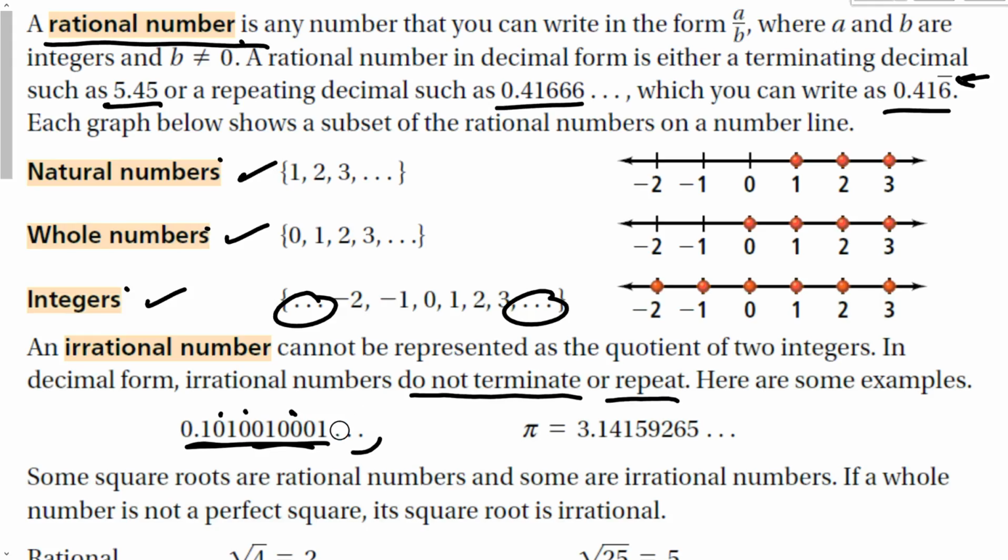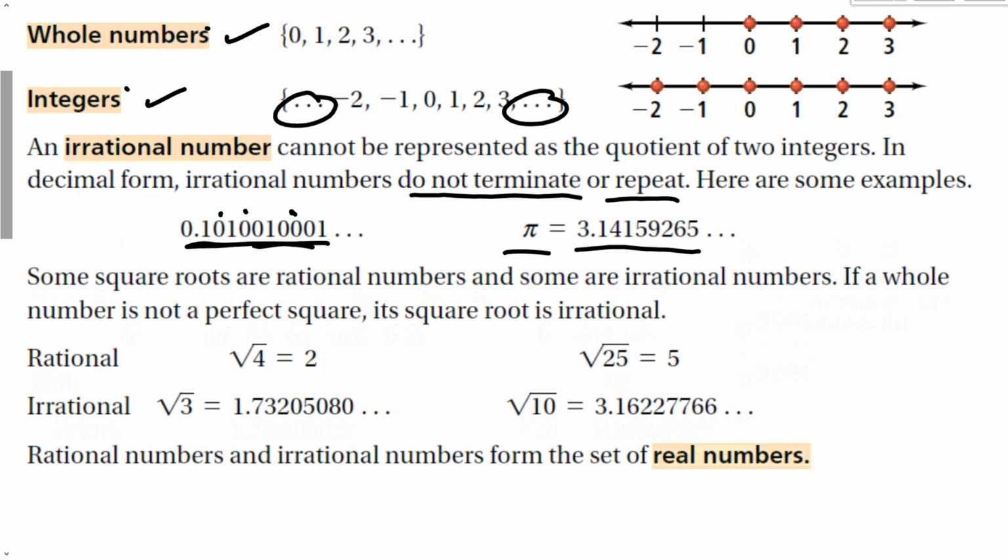It doesn't mean that the 1 repeats. If the 1 repeated, it would be a rational number. Also, symbols like pi, which is that symbol right there. There's others like phi, like e. Probably won't hear about those again for a while. But numbers like pi, which is a decimal that never repeats, is an irrational number.